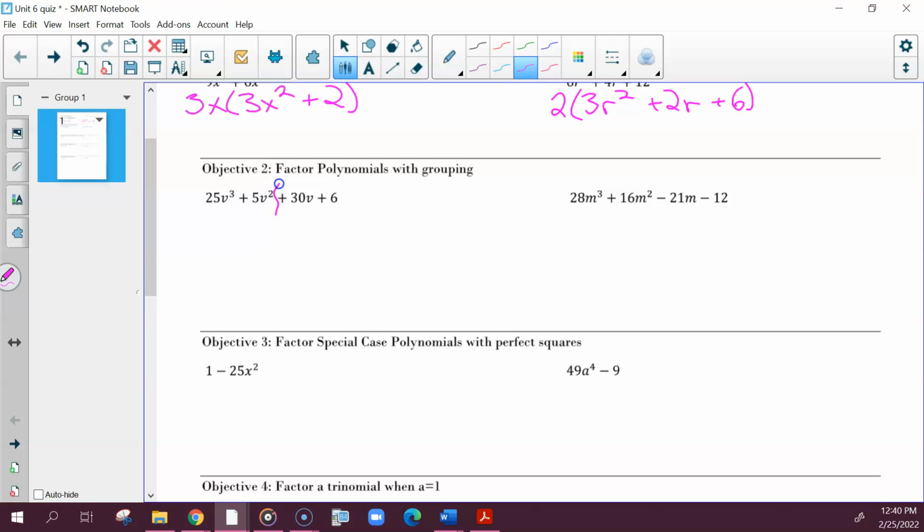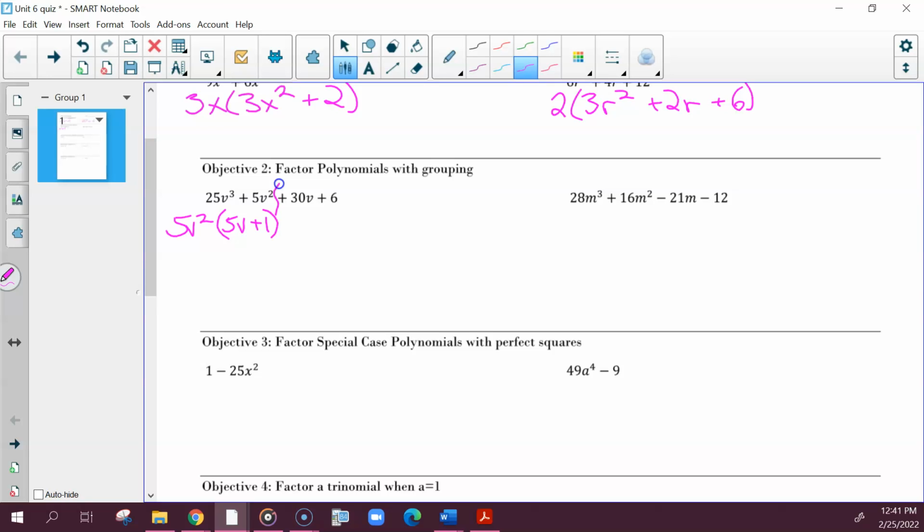They have at least 2 b's in common. If you just took out one b, you could still take out more. If we divide both by 5b squared, what's left? 5b for the first one, and plus 1 for the second.